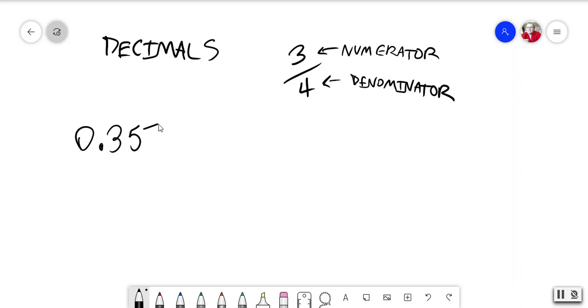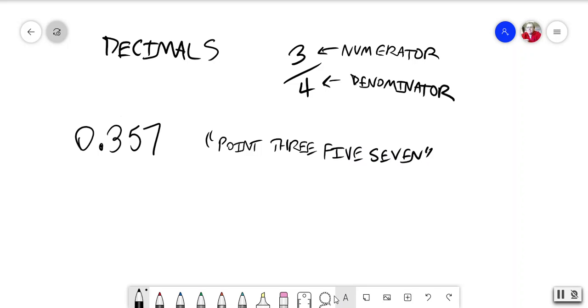I would pretty much bet you that if you went out on the streets and asked people how to read this, well, first they would think you were very strange. But probably most people would read that 0.357. I would bet you 99 out of 100 people would read it that way. And I might myself, depending on what kind of mood I was in.